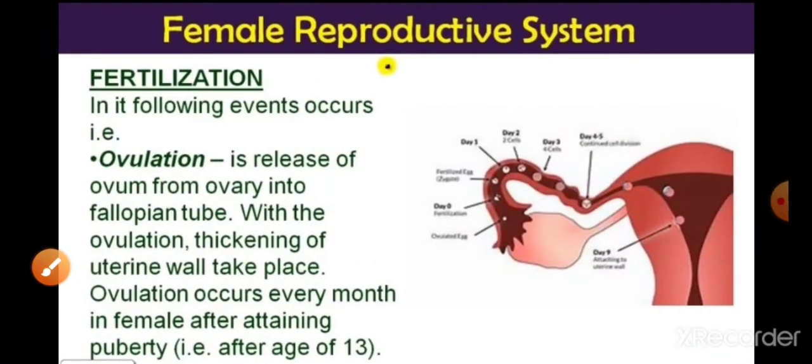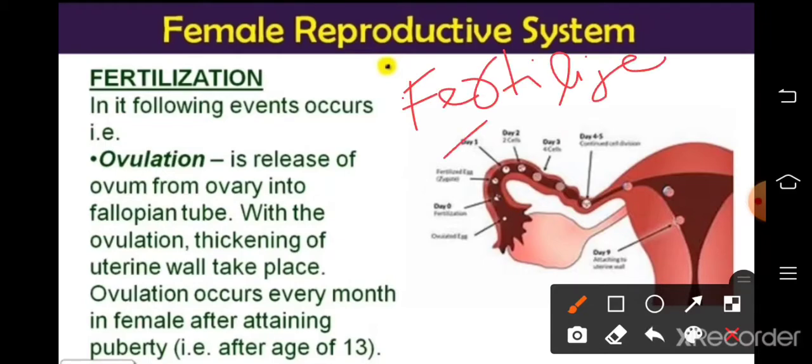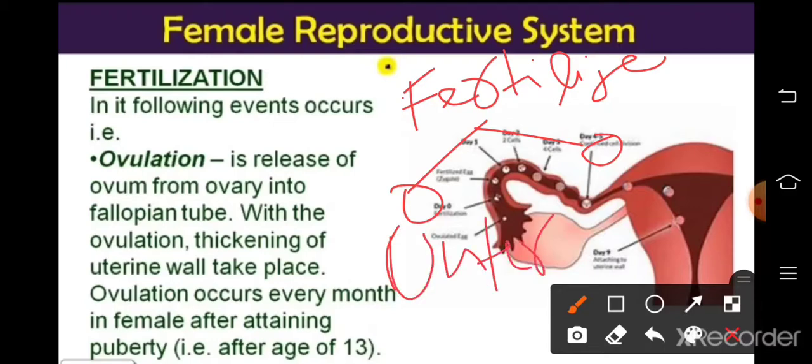What is fertilization? My dear students, fertilization carries two fates: one is an unfertilized egg, and the other is a fertilized egg.